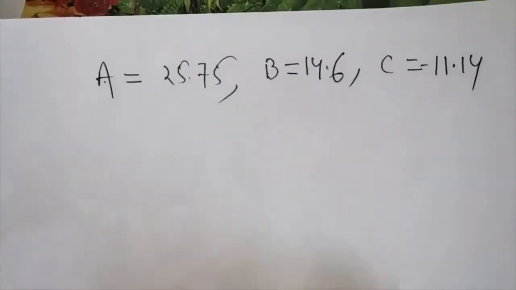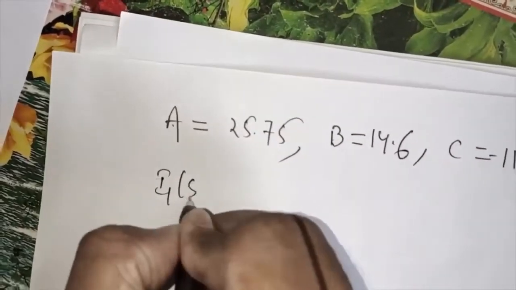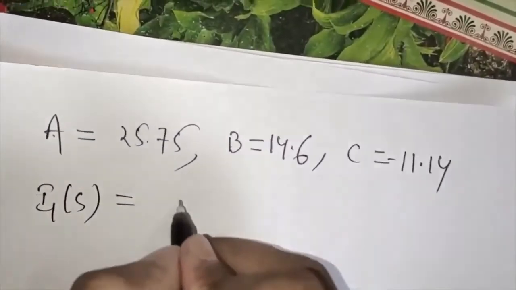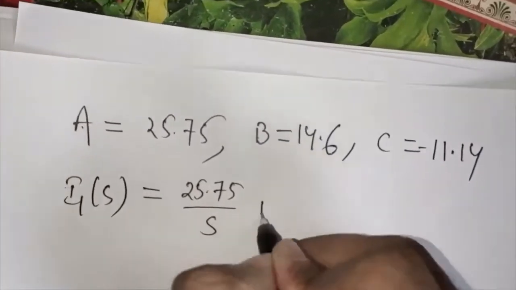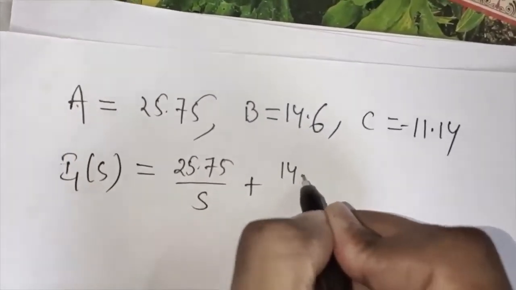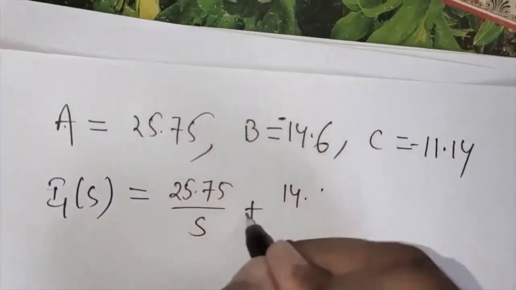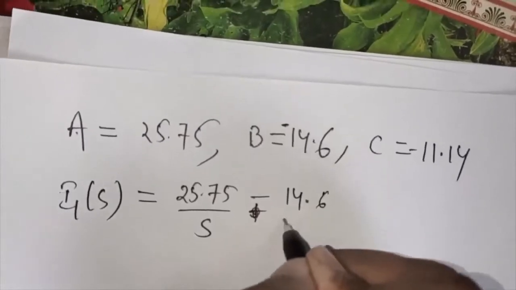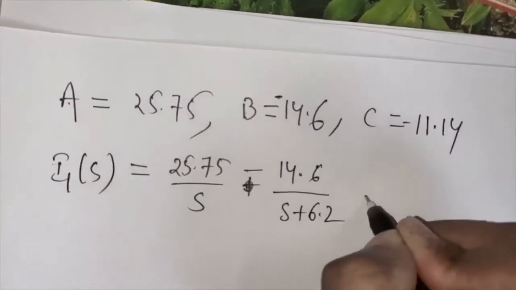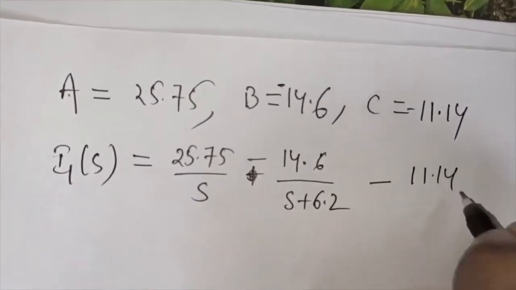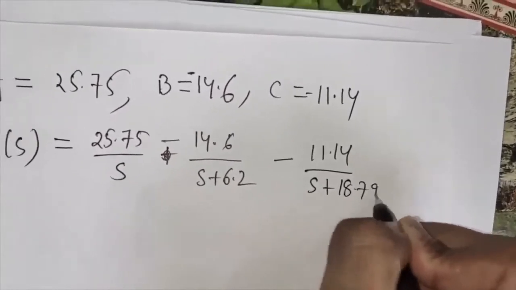On substitution of this equation, I1 of s will be nothing but 25.75 by s minus 14.6 by s plus 6.2 minus 11.14 by s plus 18.79.